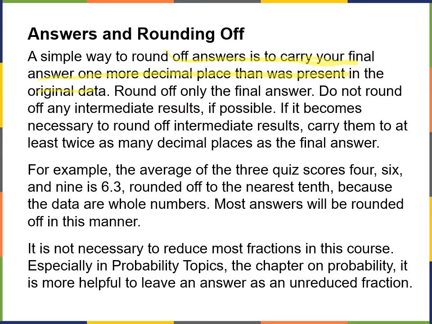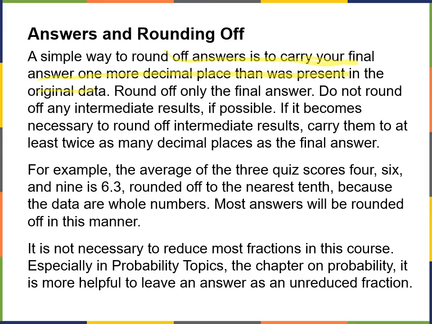And the more times you round, the more that error is compounded. If you keep rounding throughout your calculations, your final answer can be thrown off by quite a bit. So we don't want to round in the intermediate steps, if possible.